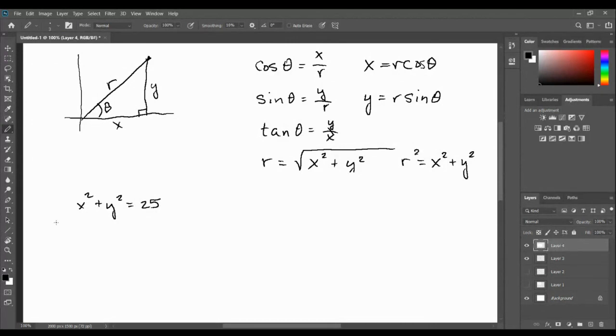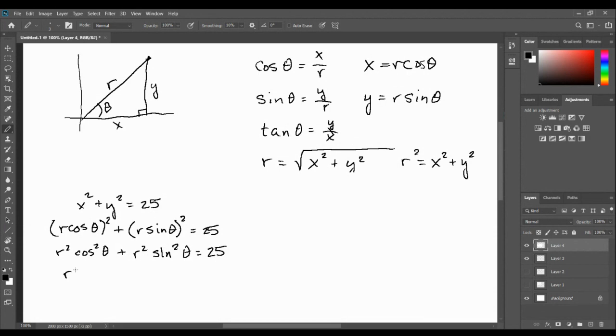I can go ahead and replace x with r cosine theta, and replace y with r sine theta. I can go ahead and square these. So I've got r squared cosine squared theta plus r squared sine squared theta equals 25. I could factor r squared out.